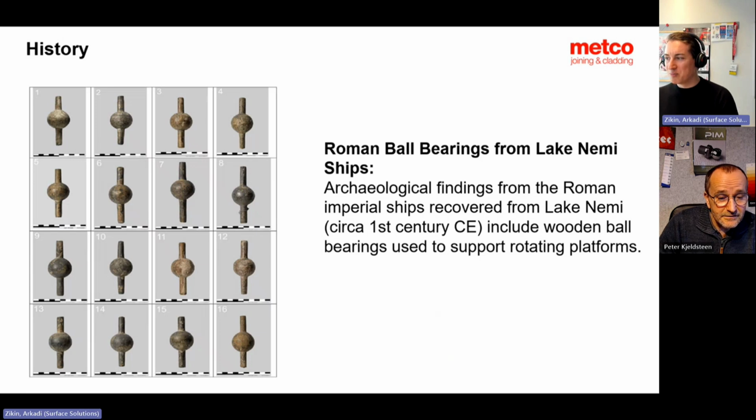It's ball bearings made from wood, and this was archaeologically found on some lake called Nemi, and they were used to support rotating platforms. So the first ever bearings were coming not from powder metallurgy or any other metals; they were just made by wood. This was a surprise for me. Technology has improved.